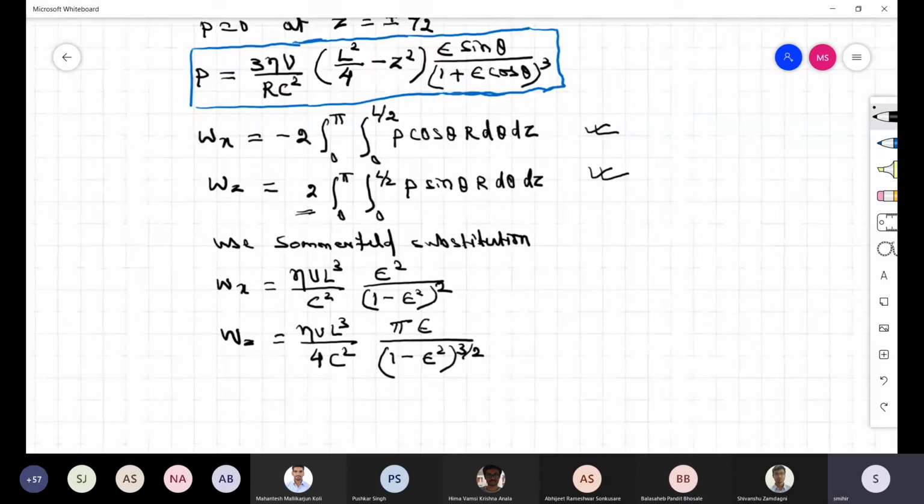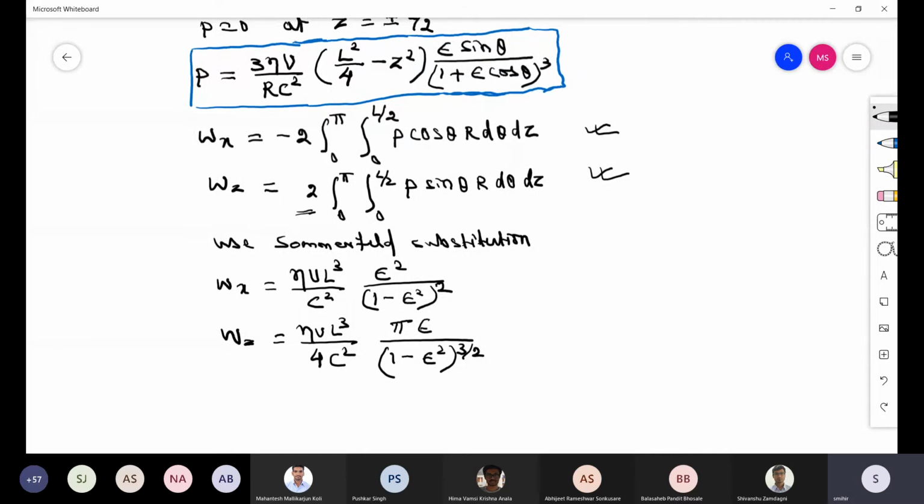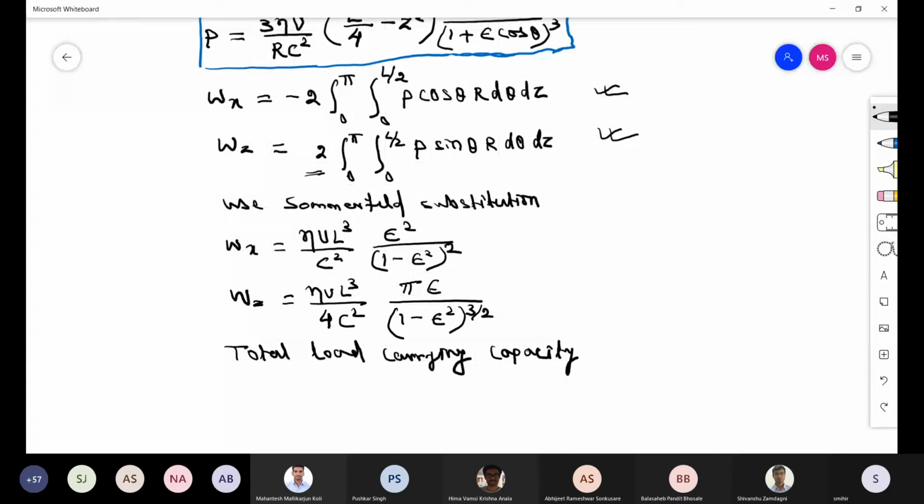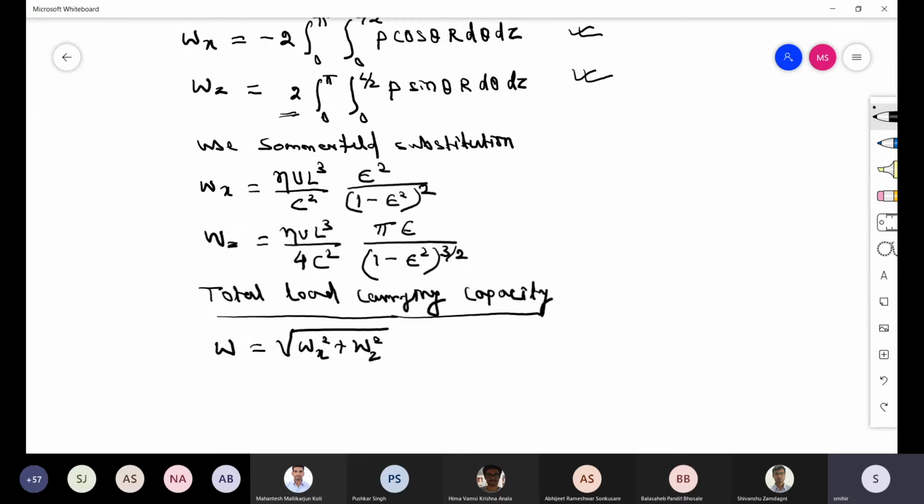So these are the two pressure components, or load components. With that, you can now calculate the total load carrying capacity. As I said already, W equals the square root of Wx square plus Wz square. So this will give you W equal to this.